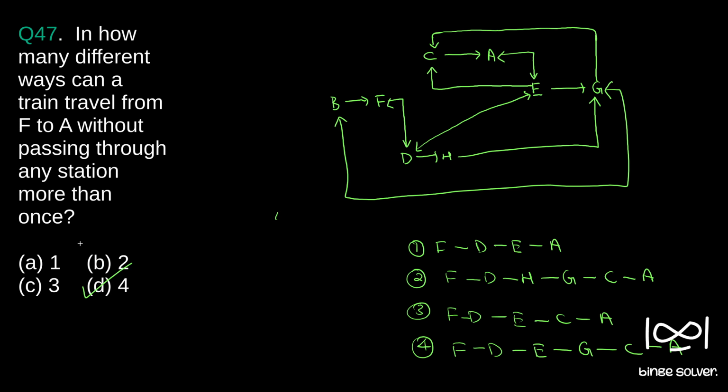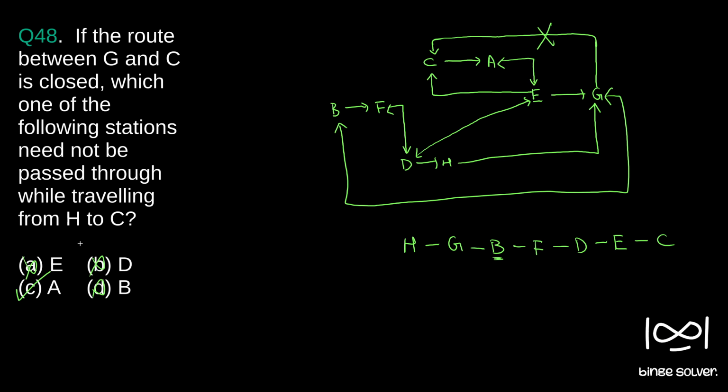I have written down the 4 different ways. So option D, 4. 48, we don't have to go to station A when traveling from H to C, given G to C is closed. So that is the solution to question 48, C.